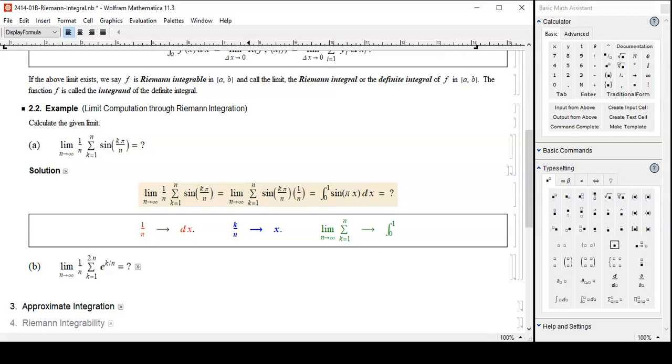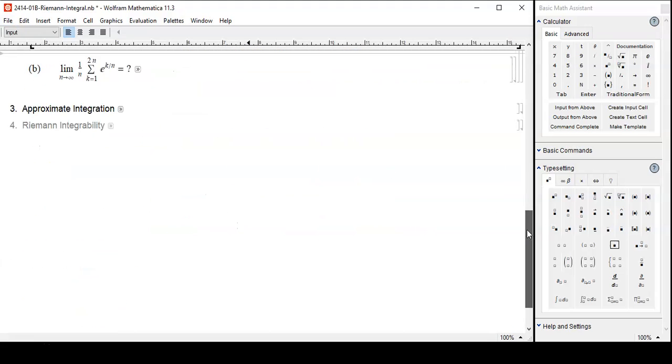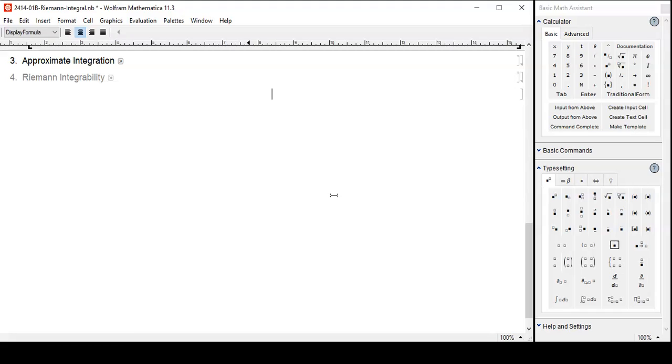If I create another problem like this, can you do it? For example, now instead of sine, let's change this into something different.